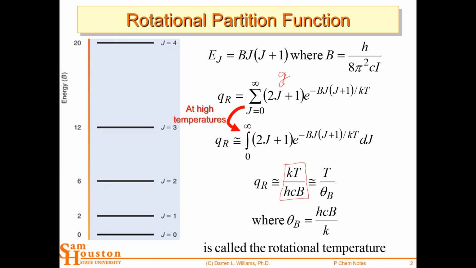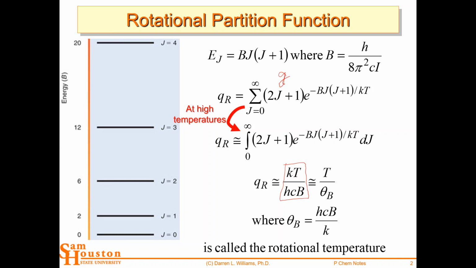hcB: if B is in wave numbers, the hc converts it to joules, and so this is just there because of the unit conversions. If you take B in wave numbers and you divide by hc, you get B in terms of temperature.